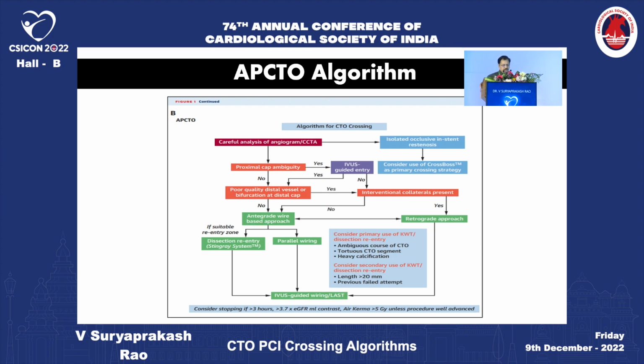As before, the proximal cap ambiguity, distal vessel size, and, very important, if you find any good-sized branch near the bifurcation, then the story totally changes. We don't prefer ADR when it is very close to the distal cap with a large side branch. Then parallel wiring is a very favorable technique.